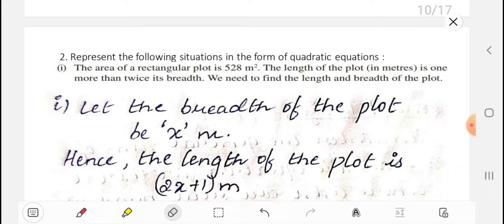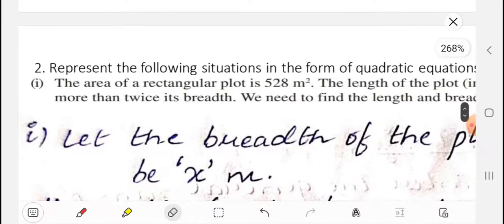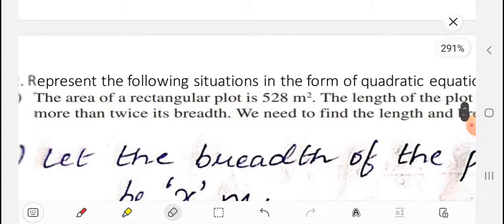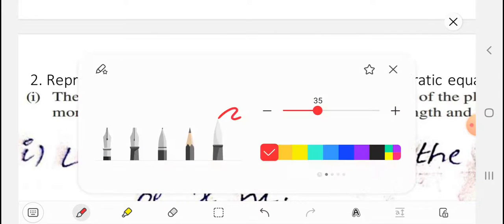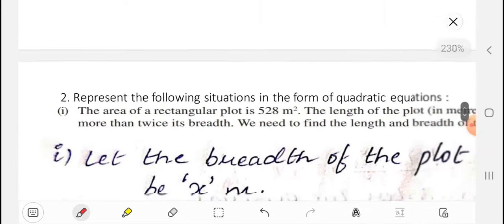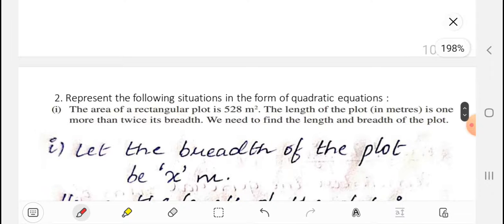Represent the following situations in the form of quadratic equations will be your heading. First question which is given here: area of the rectangular plot is 528 meters square.